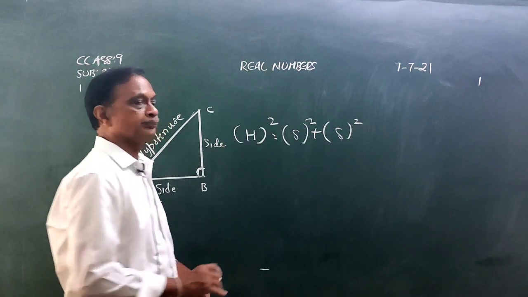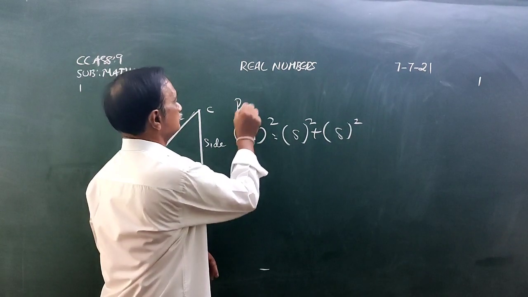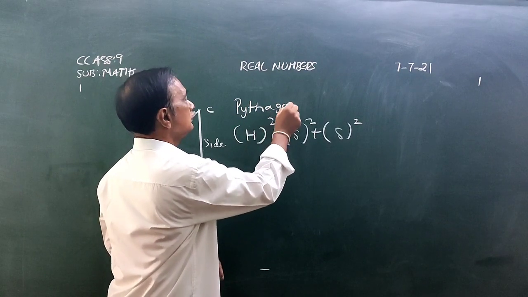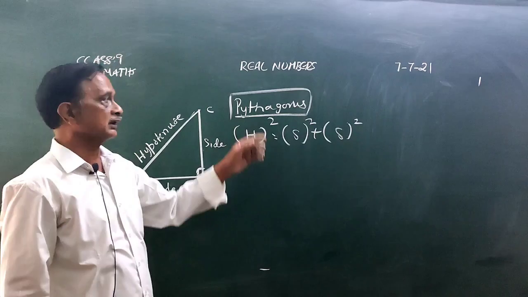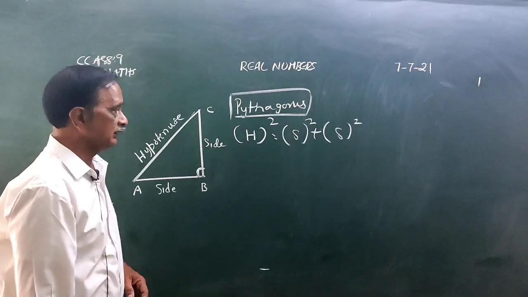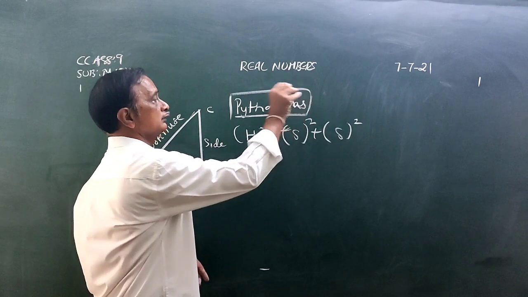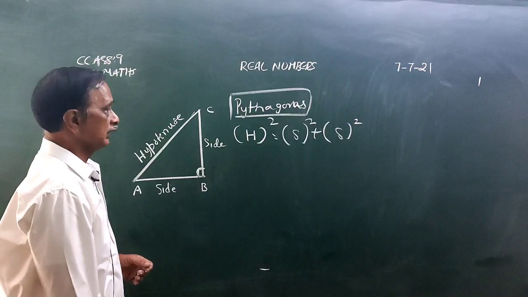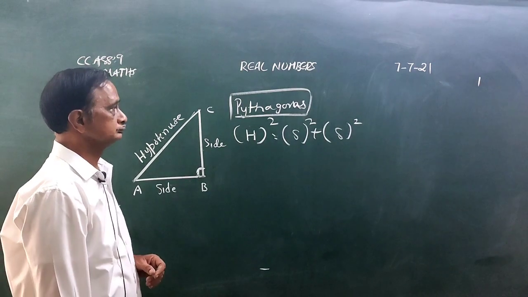This statement is called Pythagoras theorem. We will learn the same thing in 10th class. So what is Pythagoras theorem? In a right angle triangle, the square of the hypotenuse is equal to sum of the squares of the other two sides.